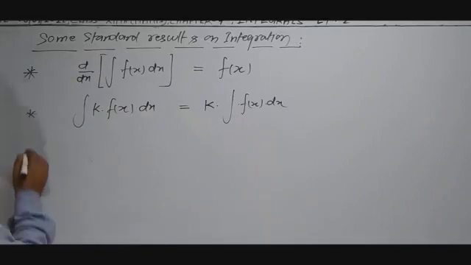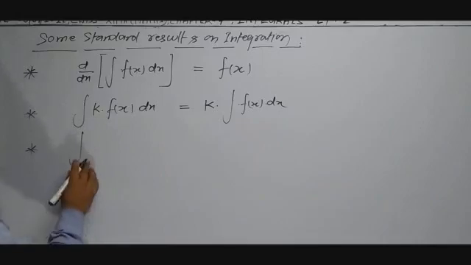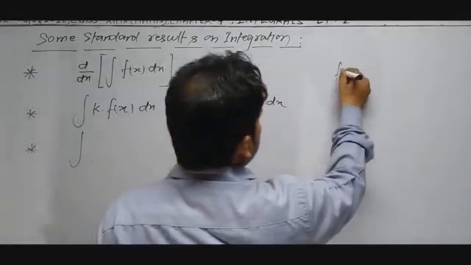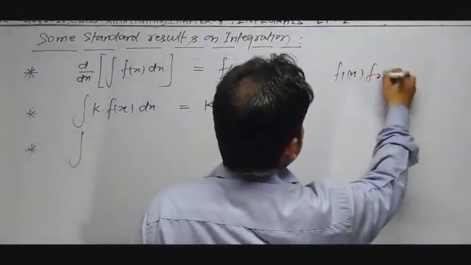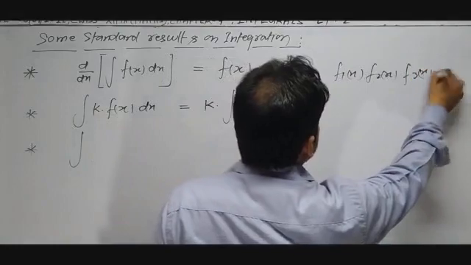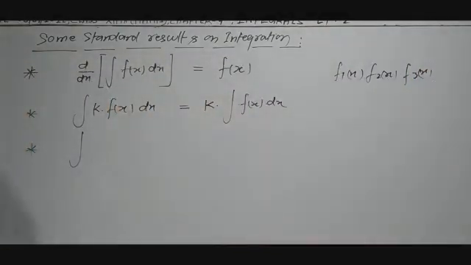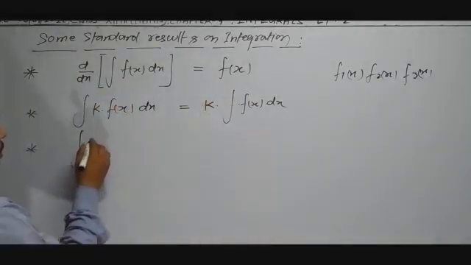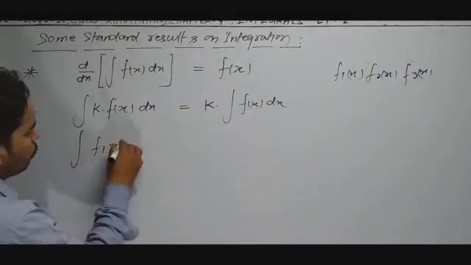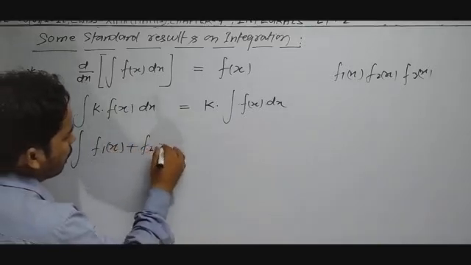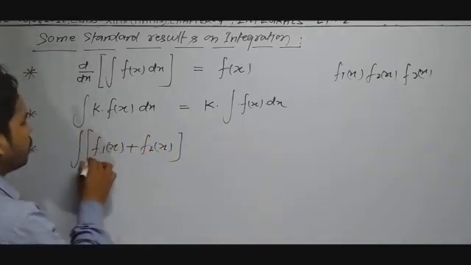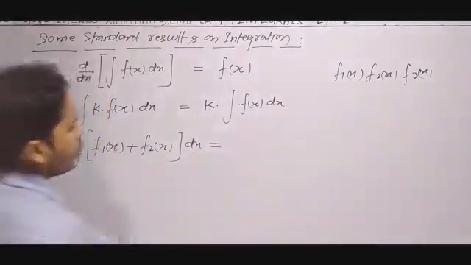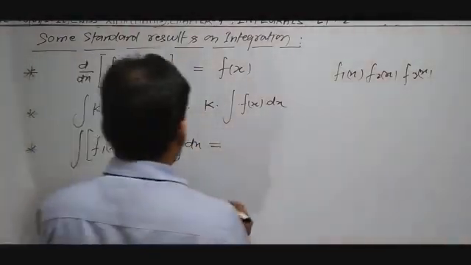So come to the third property. Suppose for any 2 functions, 3 functions, 4 functions, f1(x), f2(x), f3(x), so many functions. For 2 functions, suppose f1 and f2, the integration of the sum of the 2 functions is always equal to the sum of their integrations.